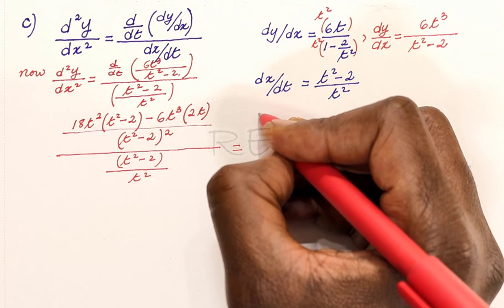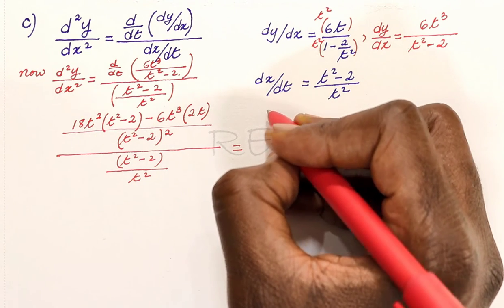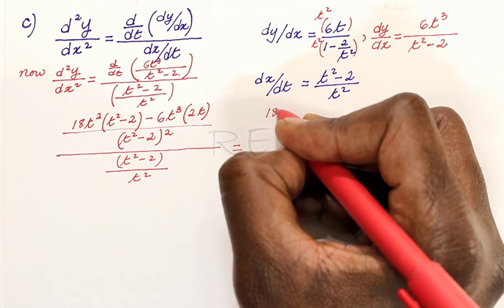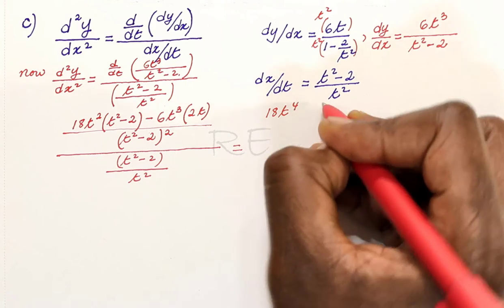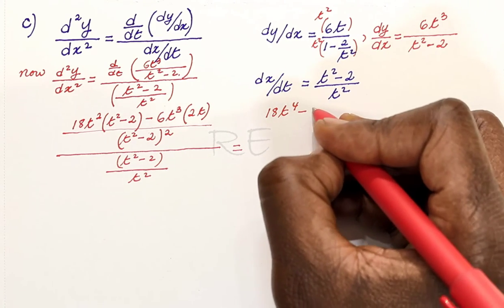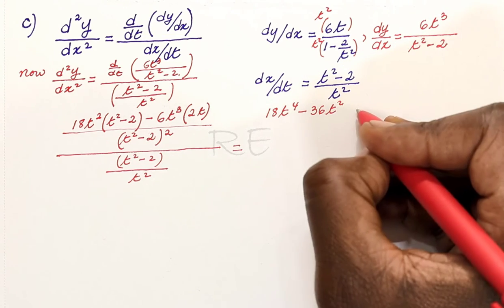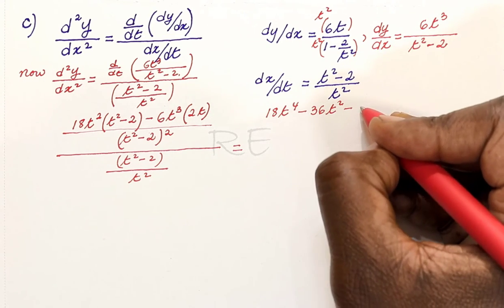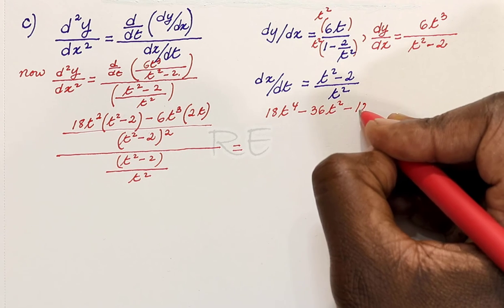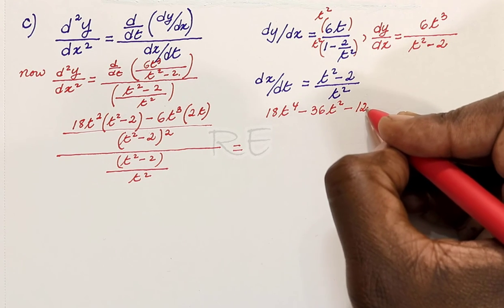Clean up the mess. Distribute: 18t to the fourth minus 36t squared minus 12t to the fourth.